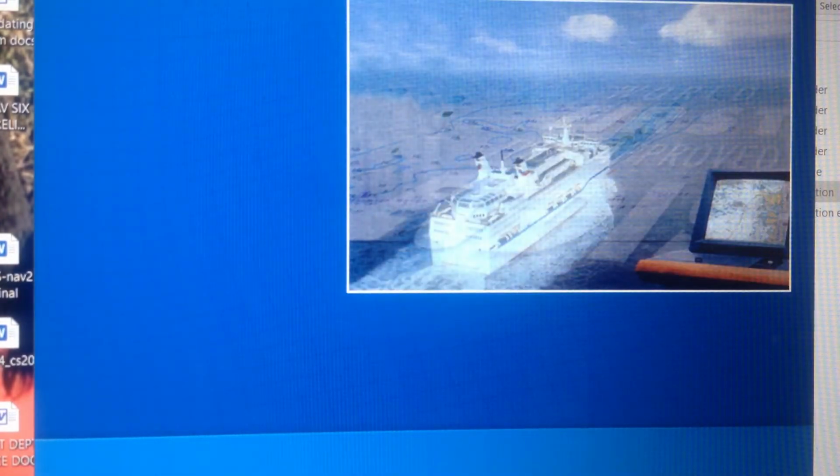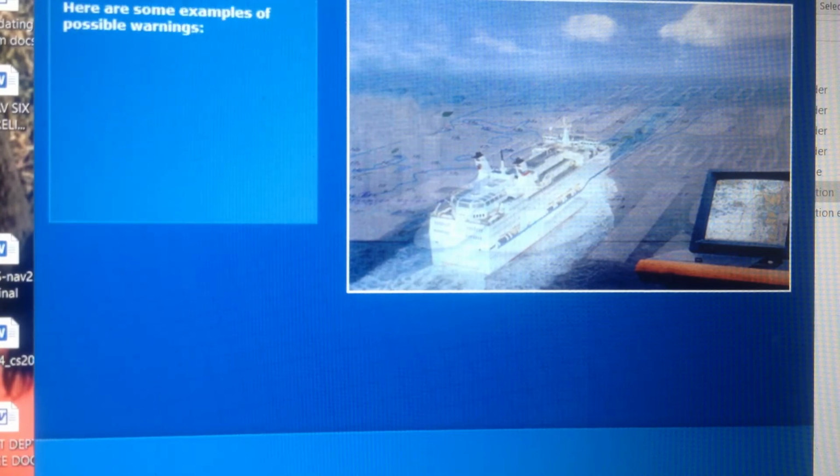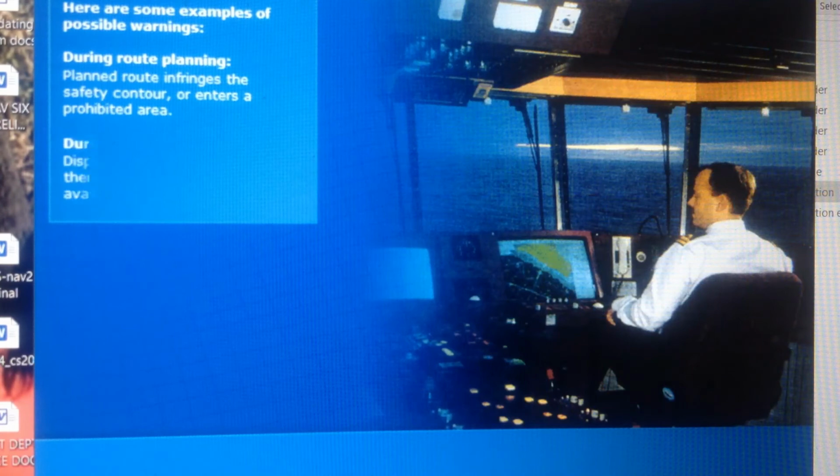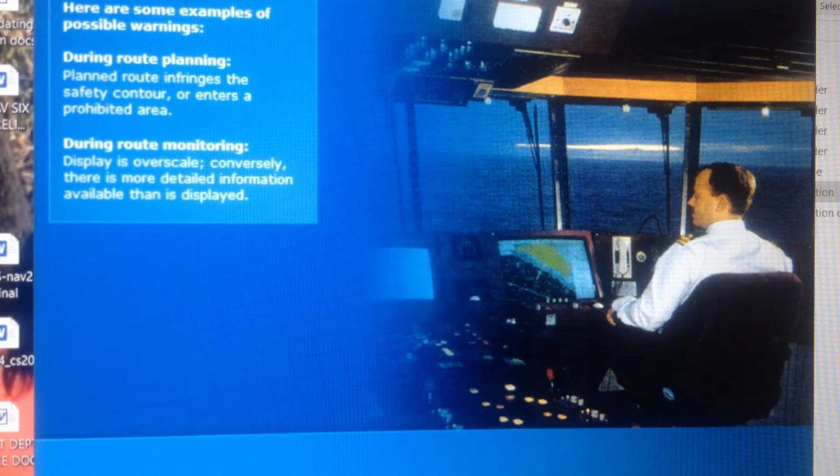ECDIS has an important capability of detecting the need for warnings and alarms. Here are some examples of possible warnings. Planned route infringes the safety contour or enters a prohibited area. Display is overscale.